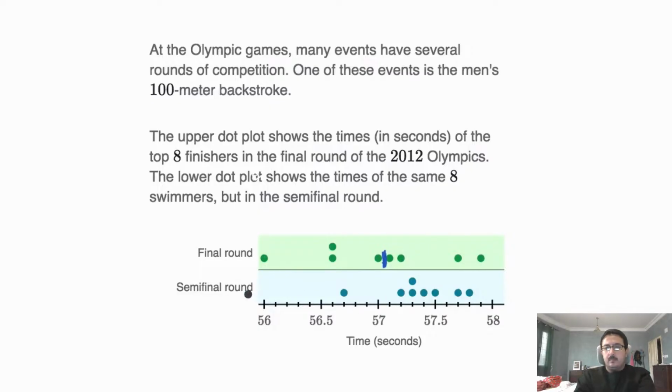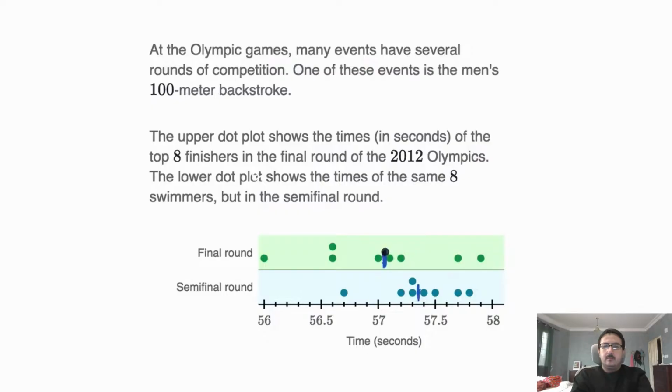57.1 seconds, while especially if we think about the median, the central tendency for the semifinal round, let's see, 1, 2, 3, 4, 5, 6, 7, 8, looks like it is right about there. So this is about 57.3 seconds. So the semifinal round seems to have a higher central tendency, which is a little bit counterintuitive.